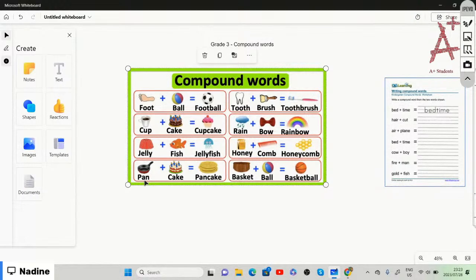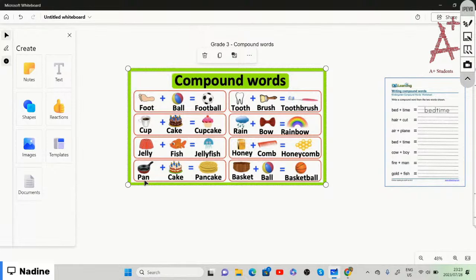If we look at the first one, we see foot plus ball. So it is two small words, foot plus ball. We need to create a compound word. So foot plus ball equals football.